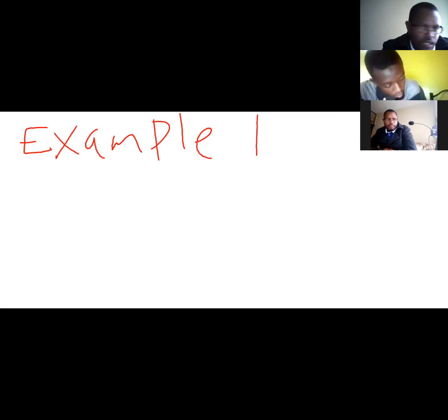So I was saying, find the magnitude of a line AB. Find the magnitude of a line AB.